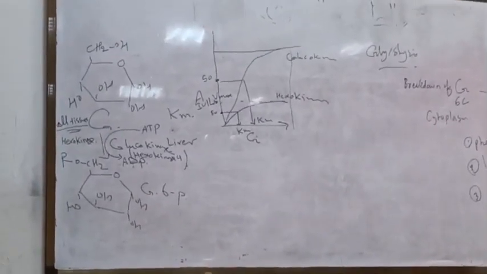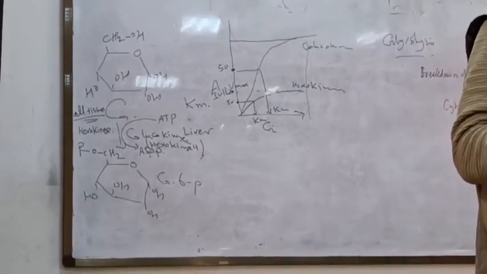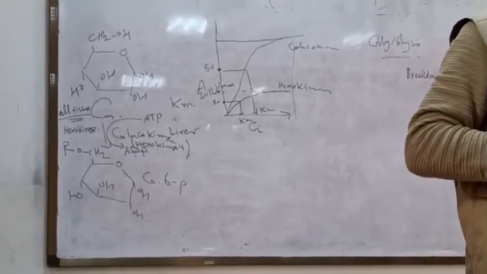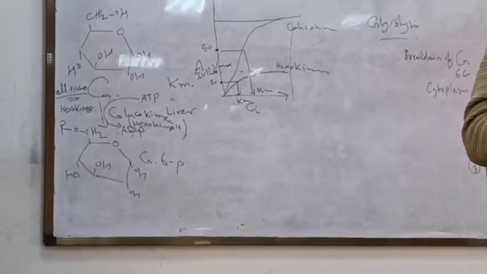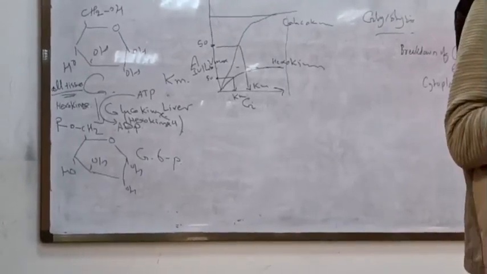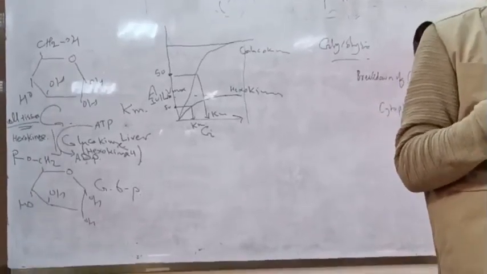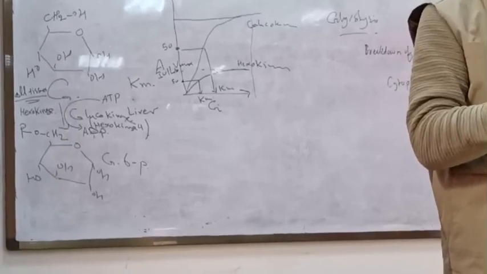In adipose tissue and skeletal muscle there is hexokinase, and the glucokinase is in the liver. Glucokinase is inducible. What is the meaning of inducible? Its gene expression is increased by, induced by insulin.